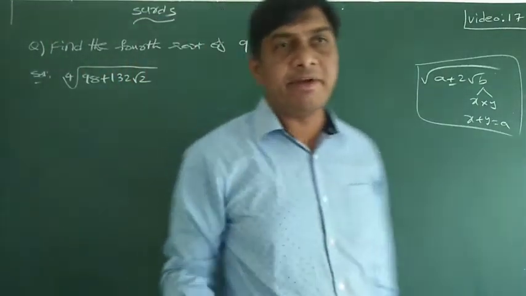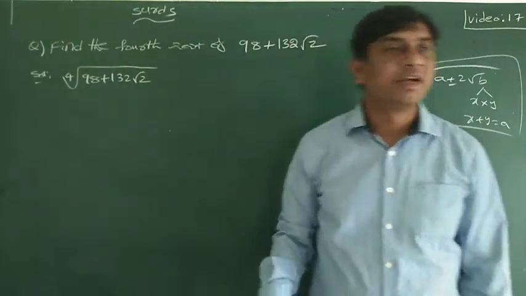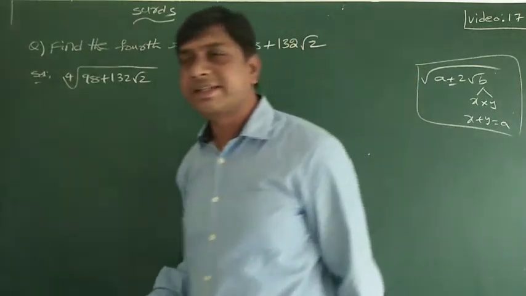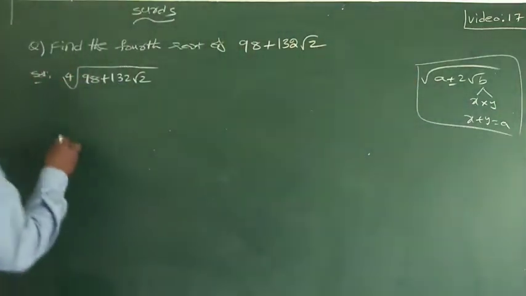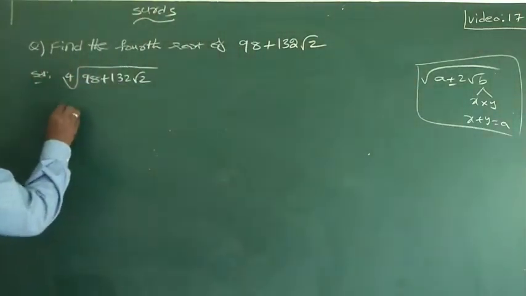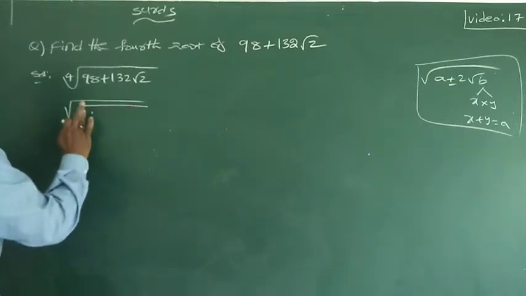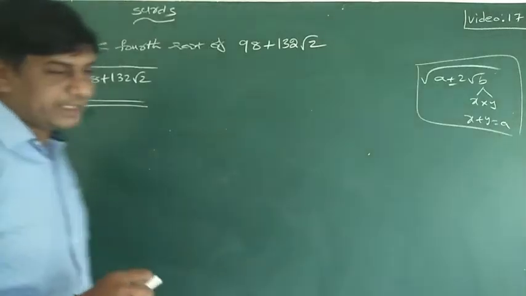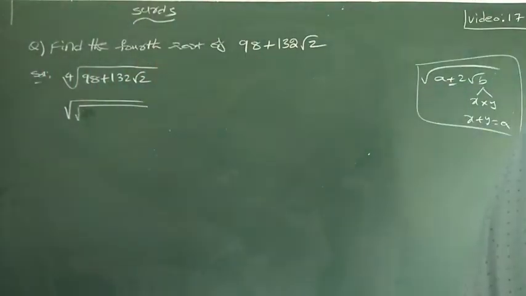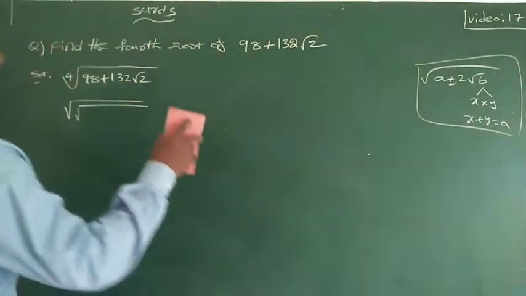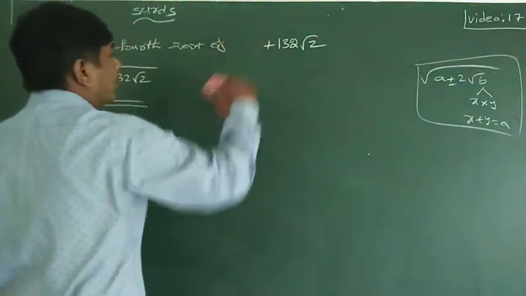Since I don't have a direct fourth root procedure, this fourth root I write as a square root. Sorry, it is 193, correction.